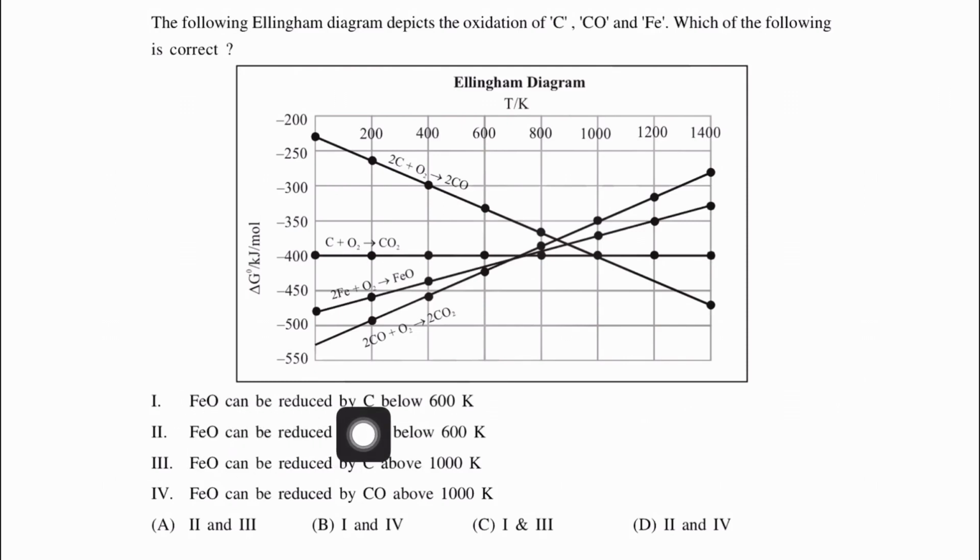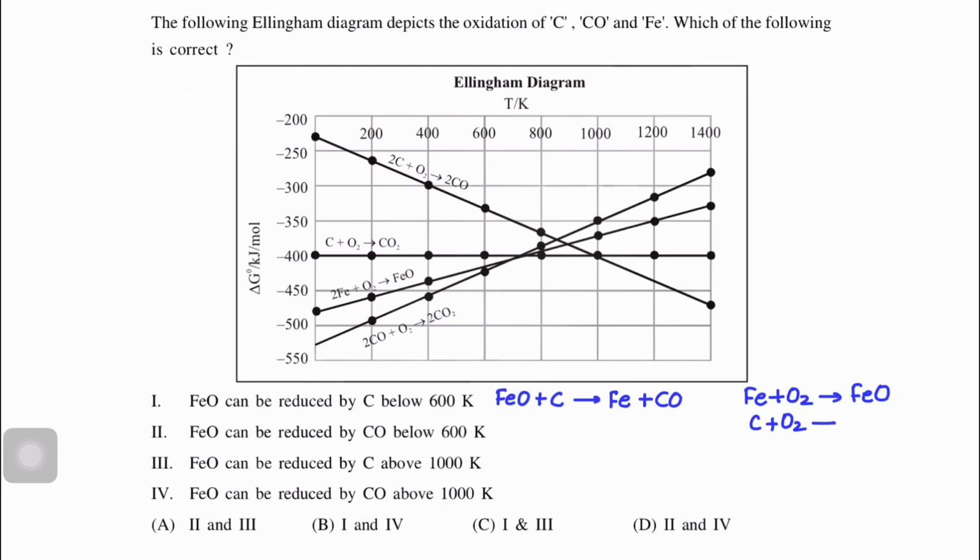FeO can be reduced by carbon below 600 Kelvin. So it is talking about the reduction of FeO. It means the reaction will be FeO plus carbon giving iron plus CO. So basically we have to see the two curves. What are the two curves? One is iron to iron oxide and one is carbon to carbon monoxide.